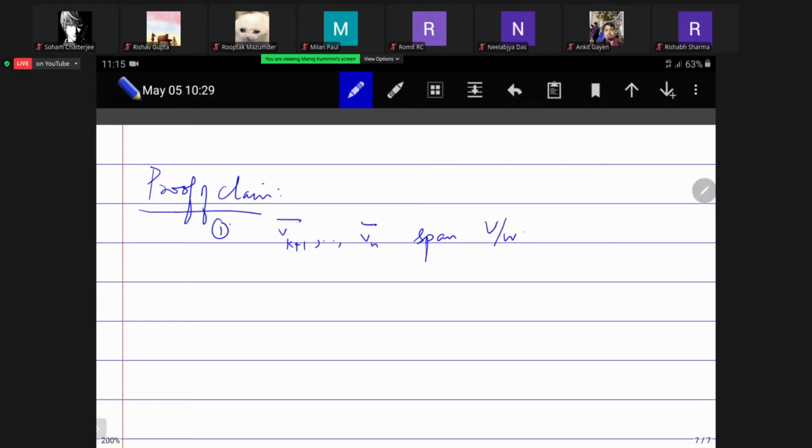So take an arbitrary vector in V mod W. Let V bar be inside V mod W. More precisely, let v be inside V and consider v bar.